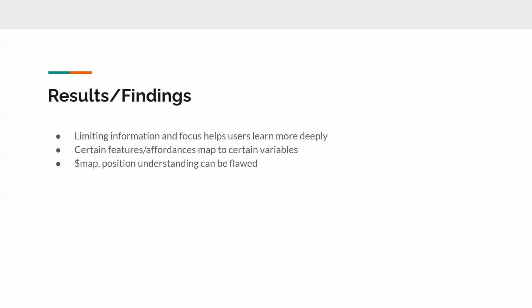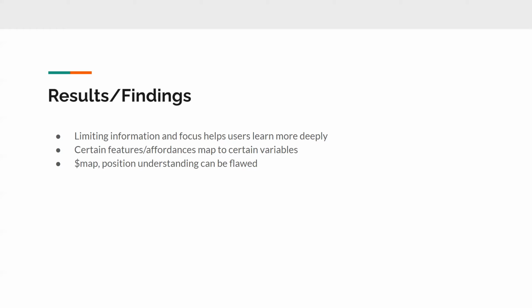However, there may be more testing needed to isolate the effect of that feature. In addition, I learned that certain features and affordances do map to different variables. For instance, some variables are very image-driven, such as position, which users learn strictly from the DOM and from user interaction. Whereas other variables such as tile size use other features such as code isolation and being able to see the source code.